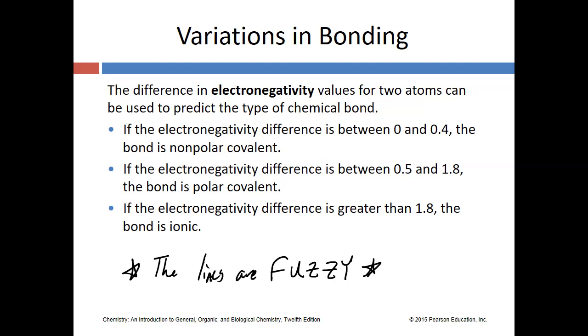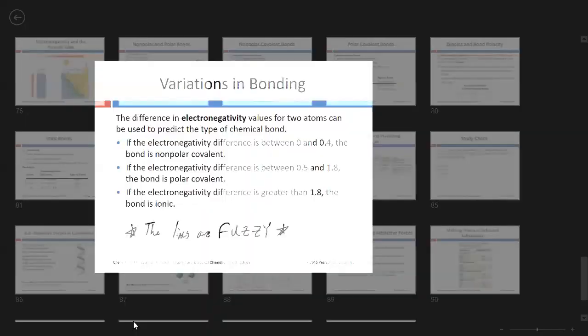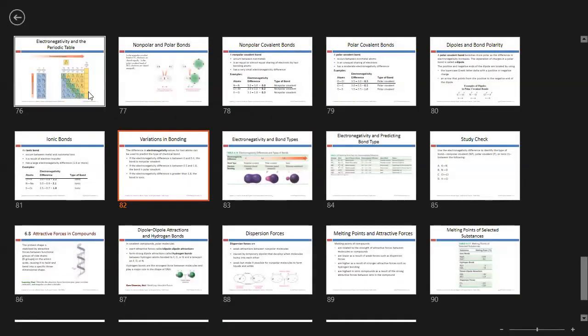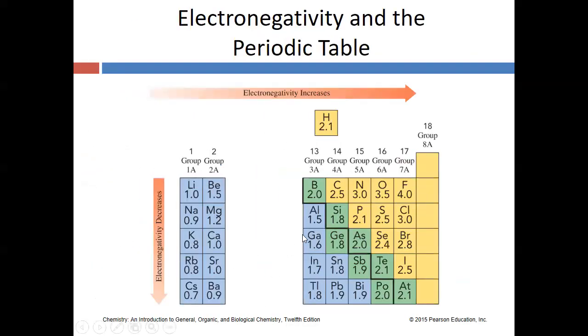Prime example: aluminum and chlorine. Based upon the fact that aluminum's a metal and chlorine's a nonmetal, we would think it would be an ionic compound, and we name it as an ionic compound.